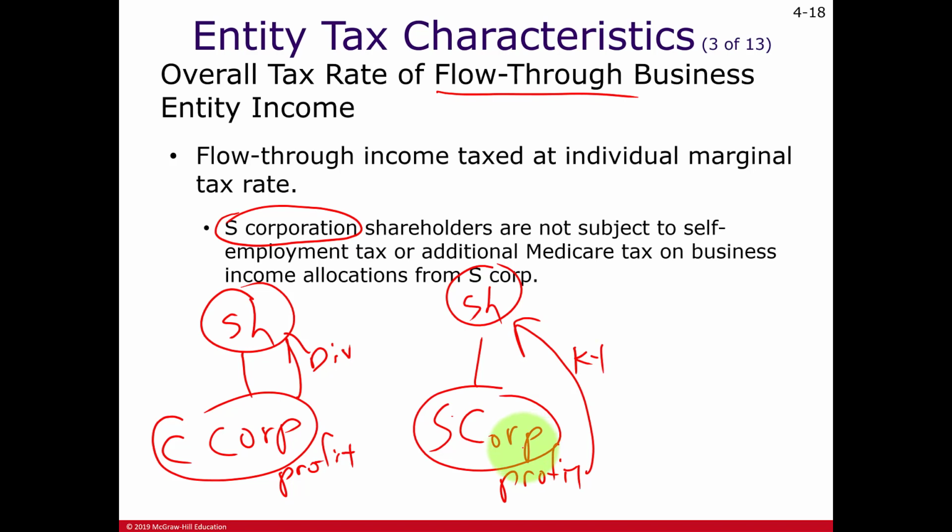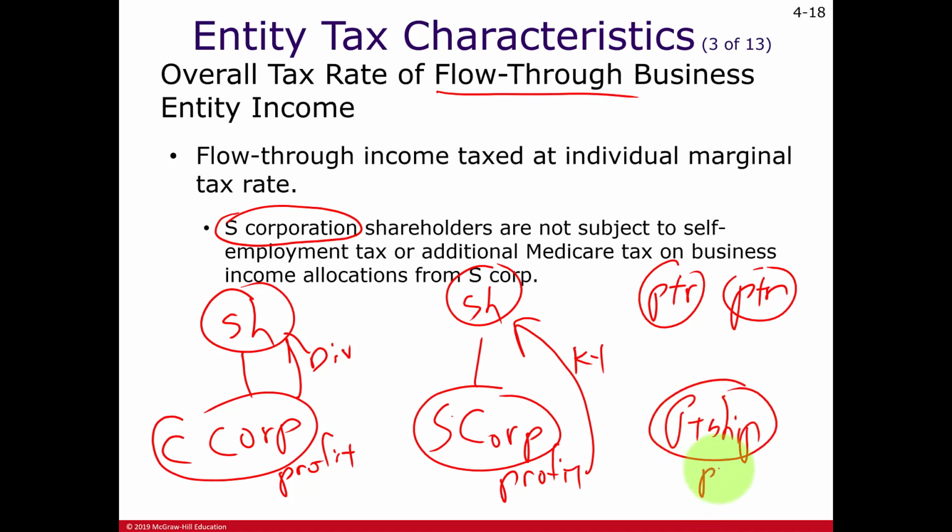Let's go on to the other flow-through one, the partnership, owned by 2 or more partners. So here's the partnership. And their profits are allocated among the partners, again using a schedule K1, and the profits will not be taxed here at the partnership level, the entity level, but taxed on the partner's return.